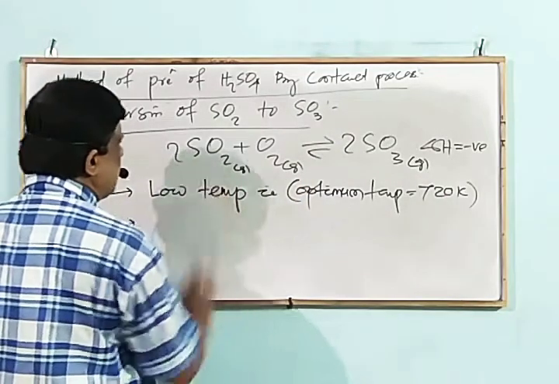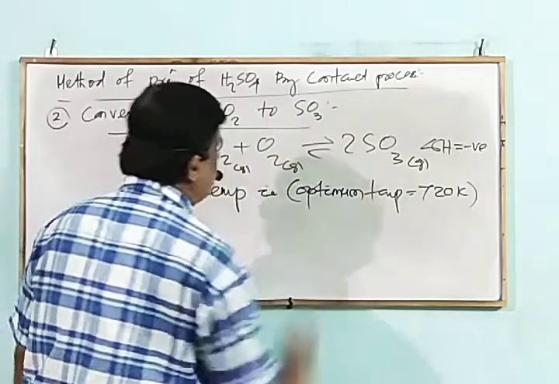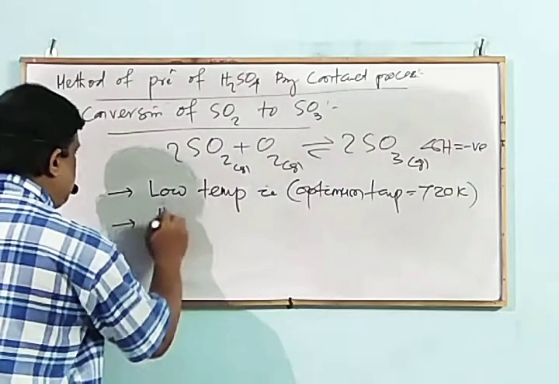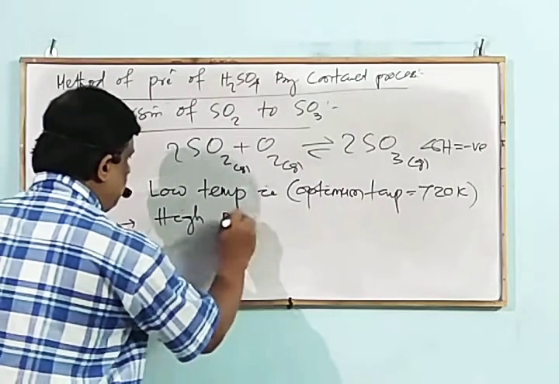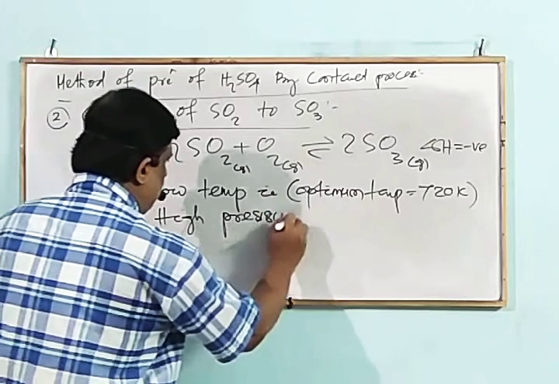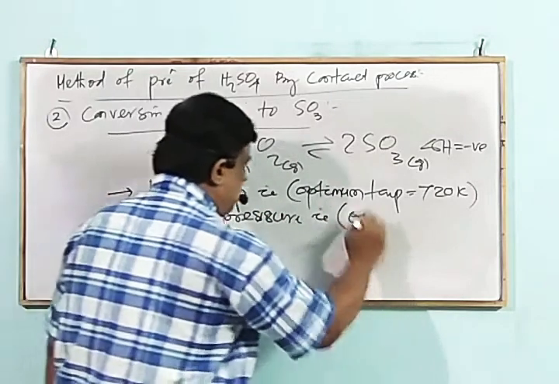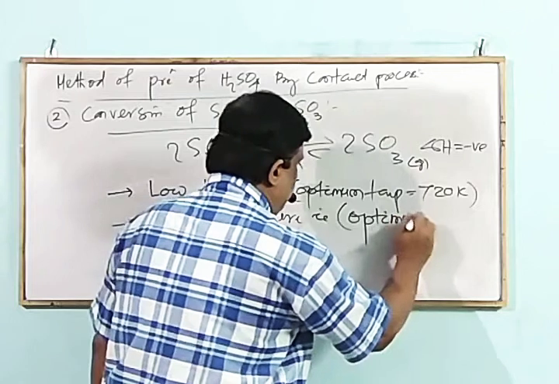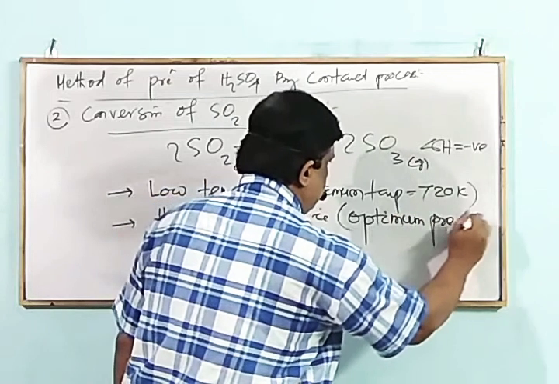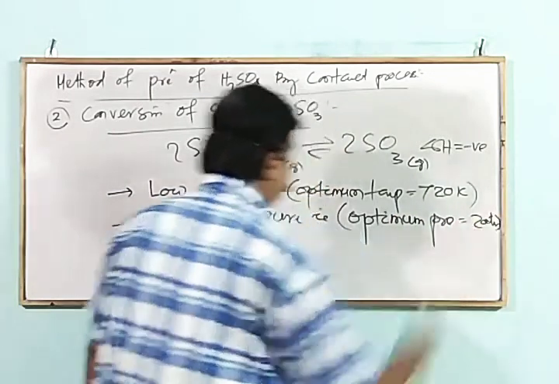Mark that, reactant side 3 volumes, product side 2 volumes, low volume, so high pressure, that is, optimum pressure is equal to 2 atm.